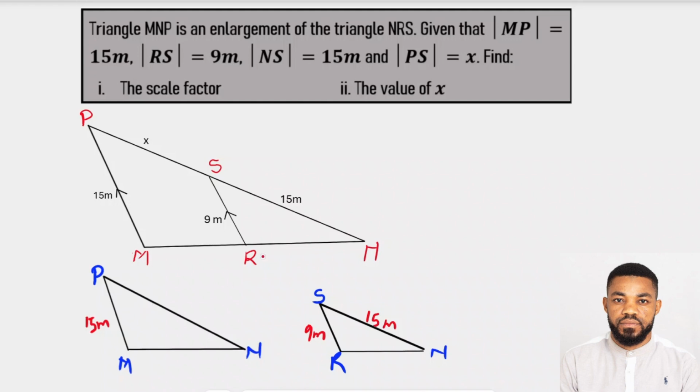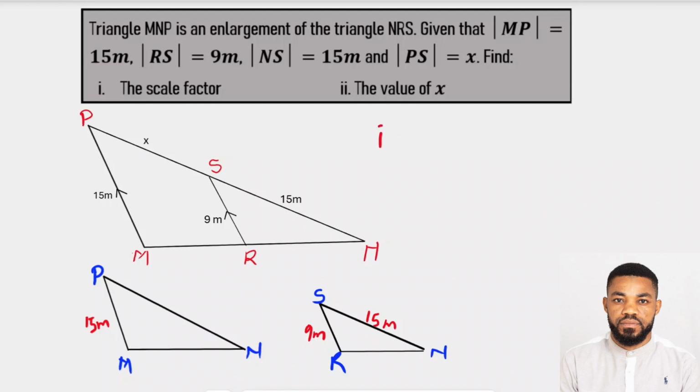When you take the other one too, we have PN to be this. How do we get PN? From the original diagram, if you want to get PN, it is the sum of PS and SN.